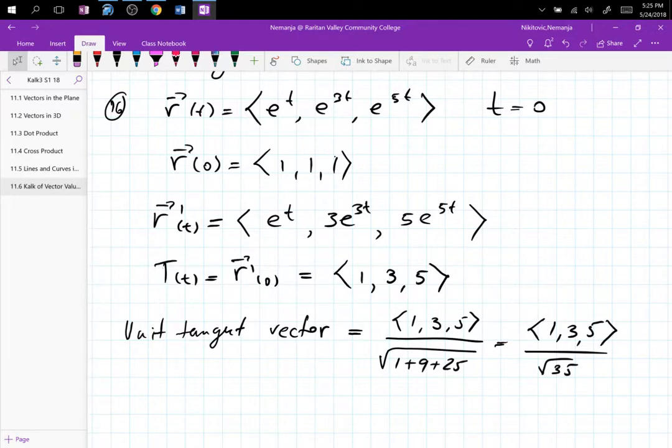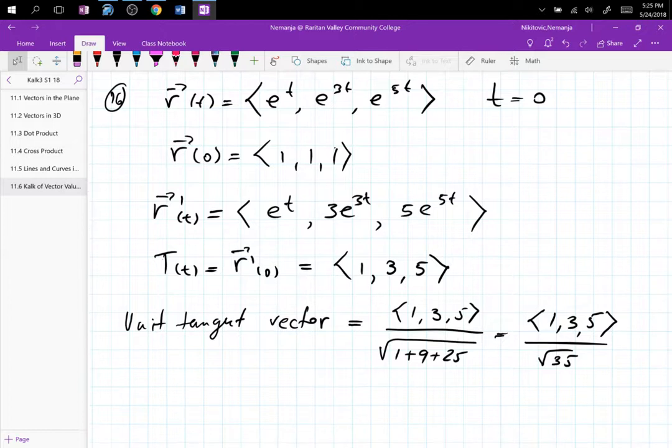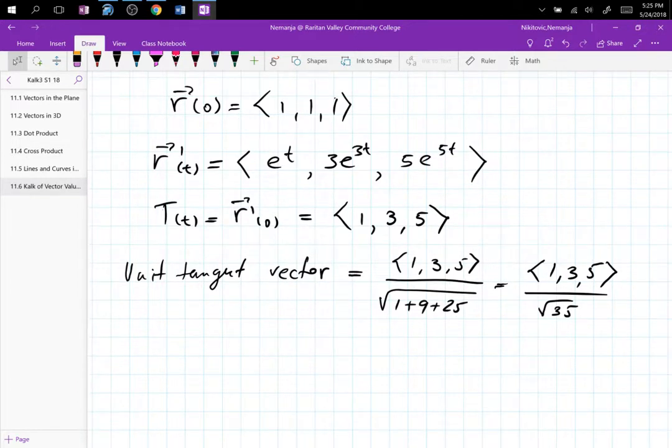So the numbers are close to it, but that's the unit tangent vector. You can rationalize this and get root 35 on top and 35 in the denominator if that makes you happy. We denote the unit tangent vector as T with a hat.